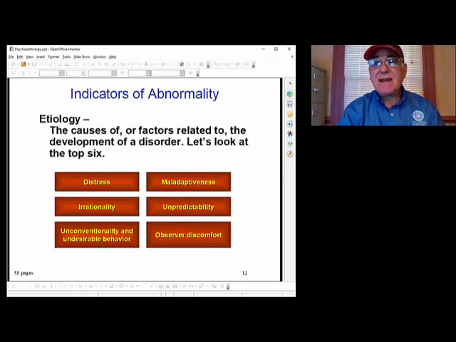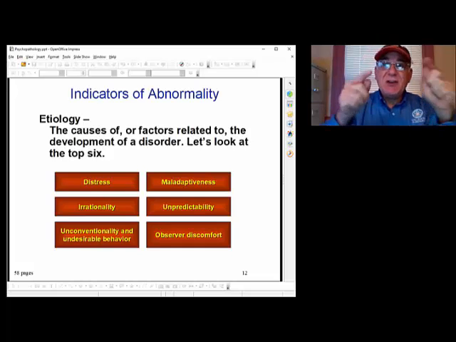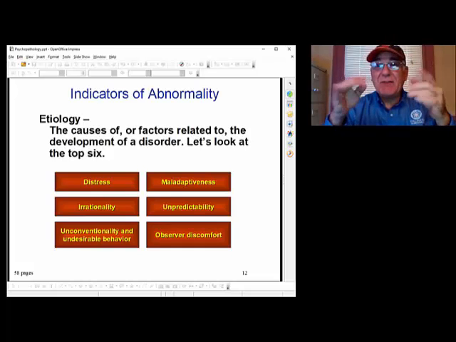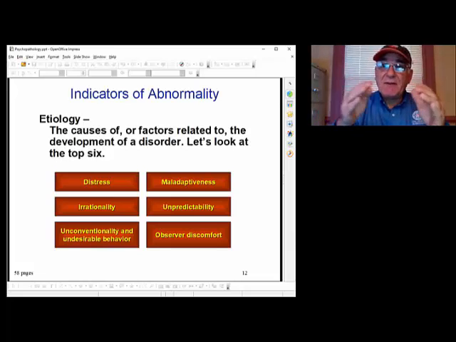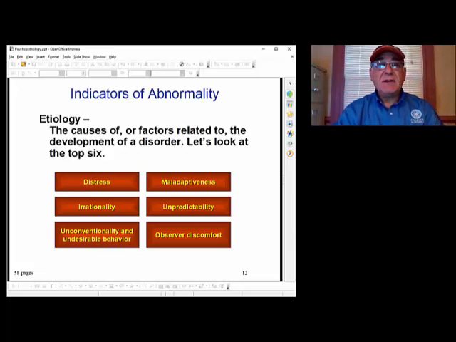And the DSM, the Diagnostic and Statistical Manual, is the way that we follow the etiologies to determine what a particular pathology is. We don't say you have this pathology and then look up the symptoms of it. We look up symptoms and then determine what the pathology is based on the different types of symptoms that you have.